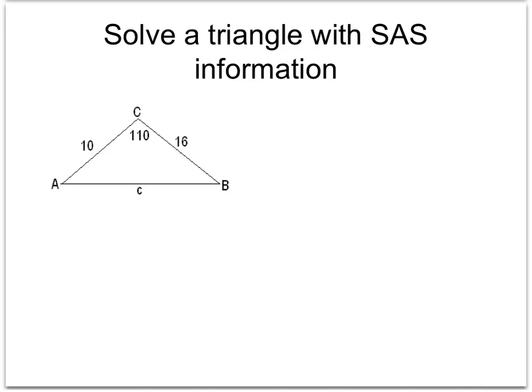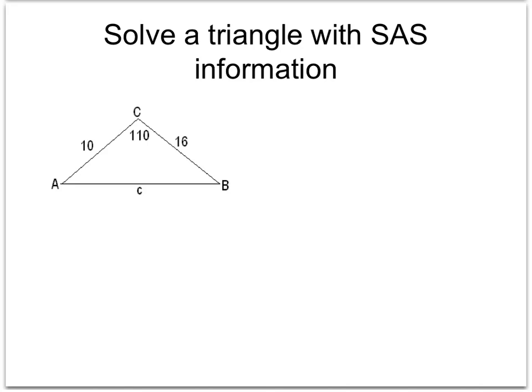That last part should all be multiplied together and then subtracted from 16 squared plus 10 squared. You should get something like 465.45. And then to get C, take the square root of both sides, and you get 21.57.